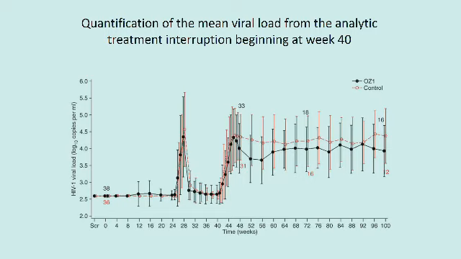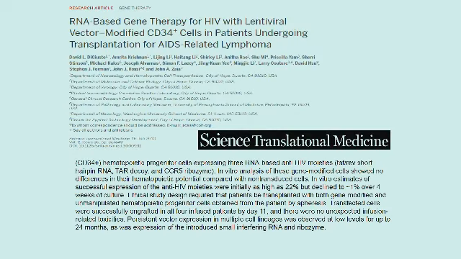But again, it comes back to the point that I mentioned up front, which is looking at efficiencies in gene modification and the appropriate dose to see a therapeutic effect.